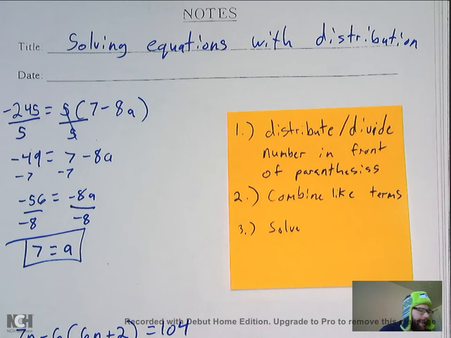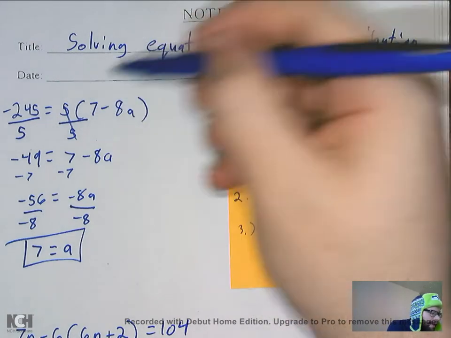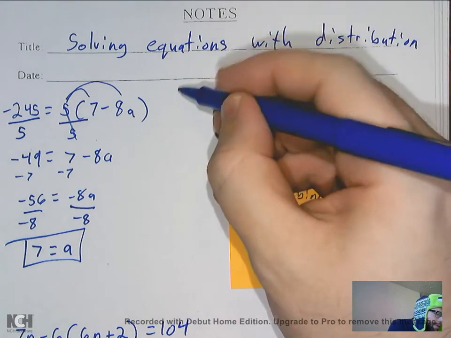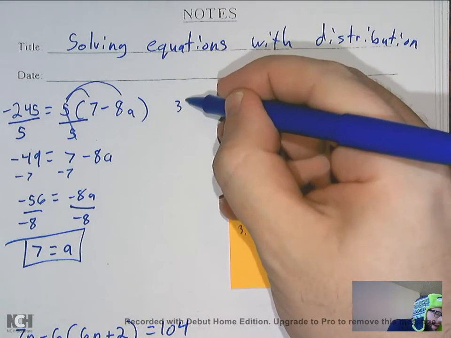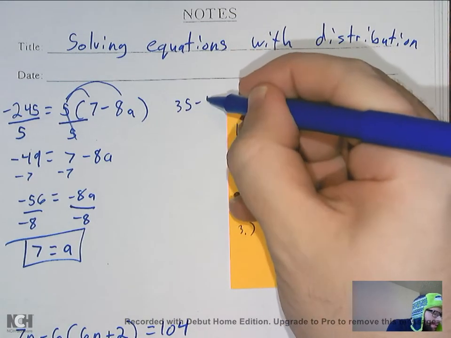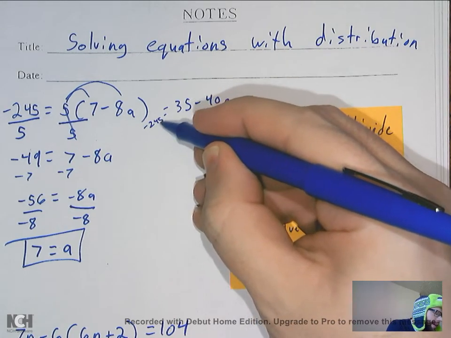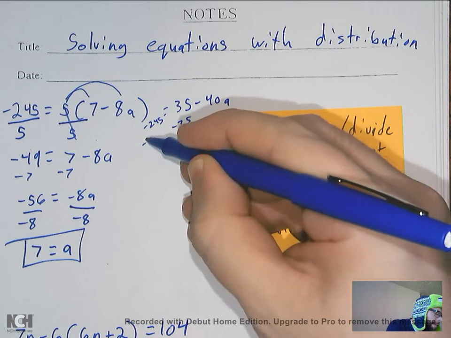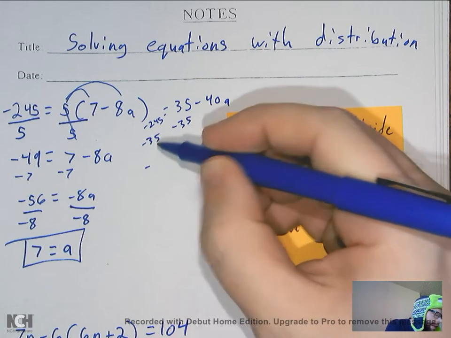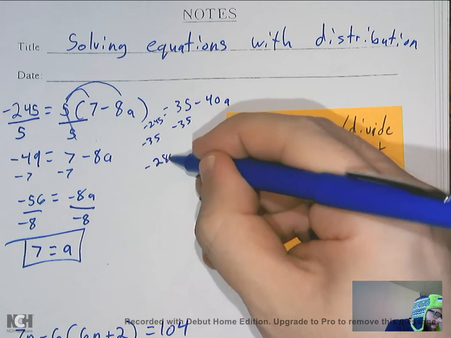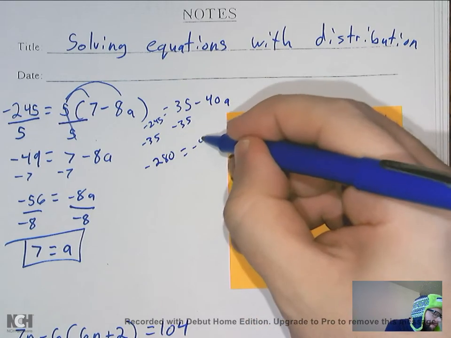Not too bad, right? Again, if I had distributed that 5, I'll just show you real quick what would happen. You would get 35 minus 40a is equal to negative 245. You'd subtract the 35, and you get negative 280 is equal to negative 40a.